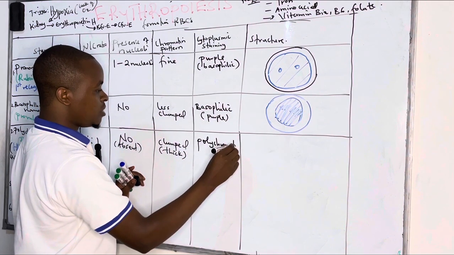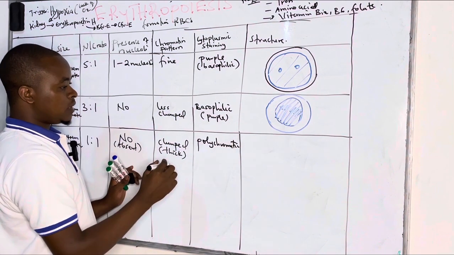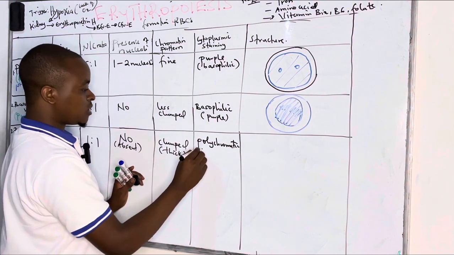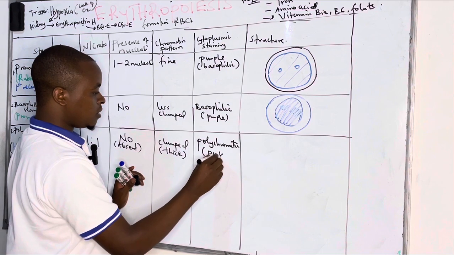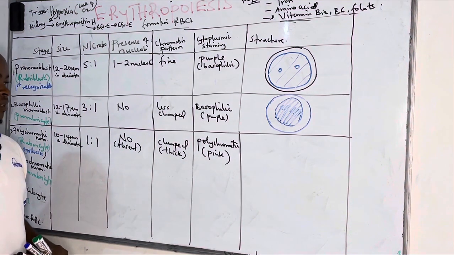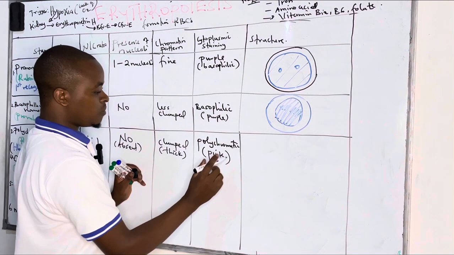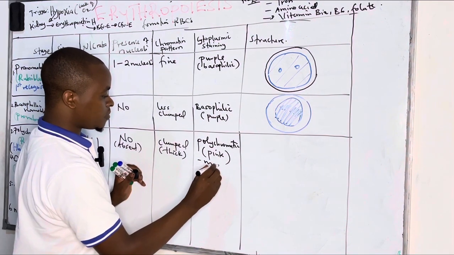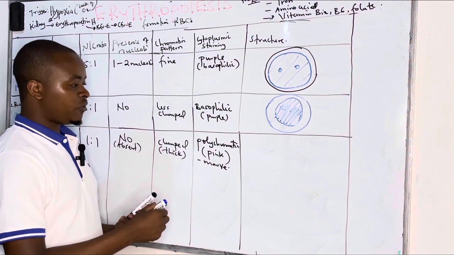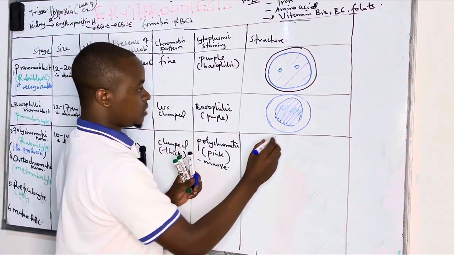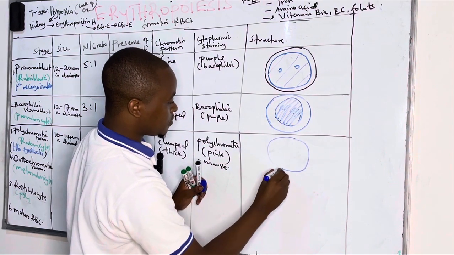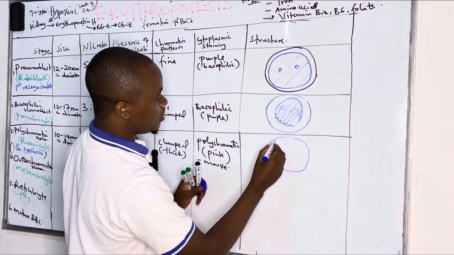What are we meaning by being polychromatic? It is taking up both methylene blue and eosine, so sometimes we can call it pink. It has different shades of eosine and methylene blue. So it is pink, or sometimes some books call it mauve. Then if we can draw it, it has to become smaller than this. It has to become smaller.